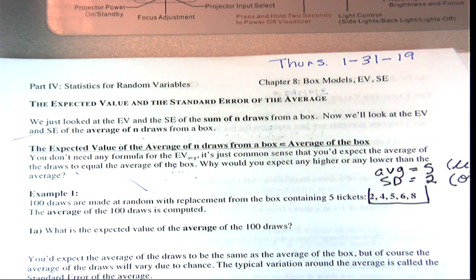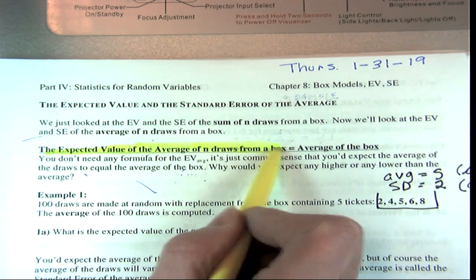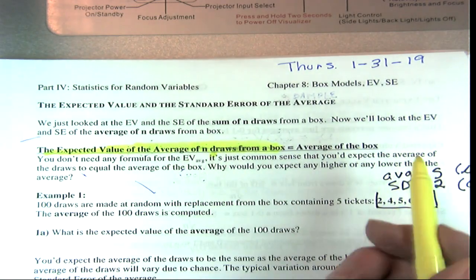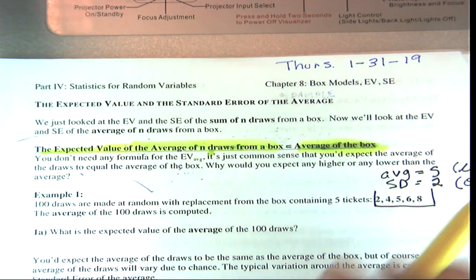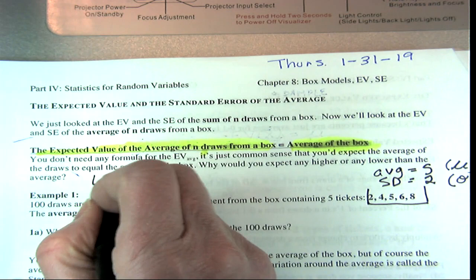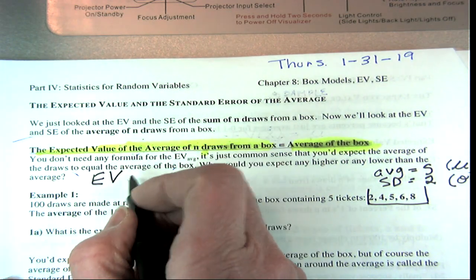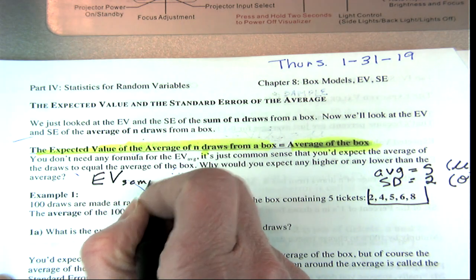It says the expected value of the average of the sample, no matter how big n is, is just going to be the average of the box. That's all. So we should write that down. We're doing the expected value of our sample average.